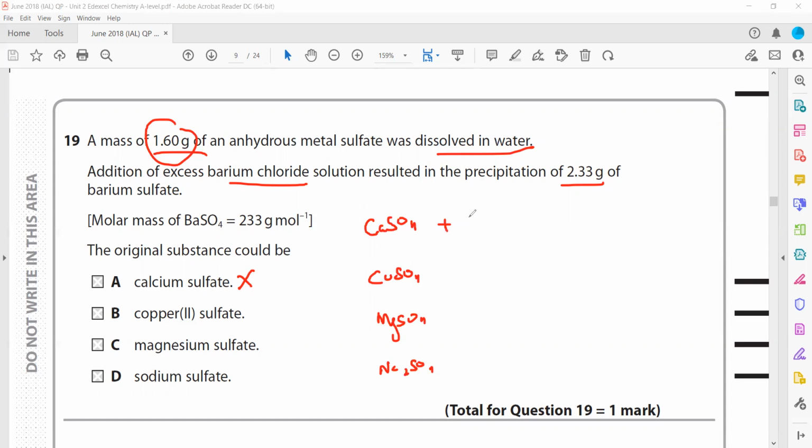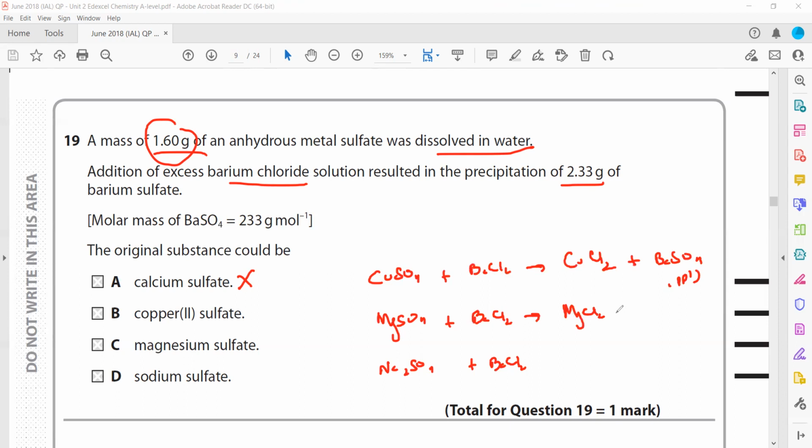And when it is mixed with barium chloride, BaCl2, calcium cannot be an answer because calcium sulfate is insoluble. If we mix each with BaCl2, what will it form? Copper sulfate will form copper chloride and produce barium sulfate, which is a precipitate. Magnesium sulfate will produce magnesium chloride, MgCl2, and barium sulfate.